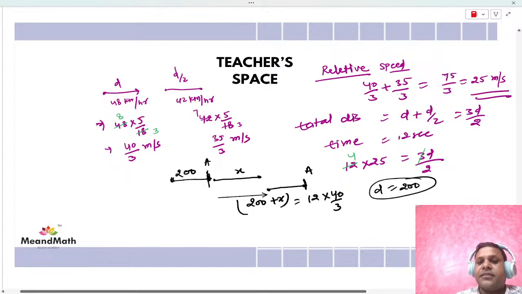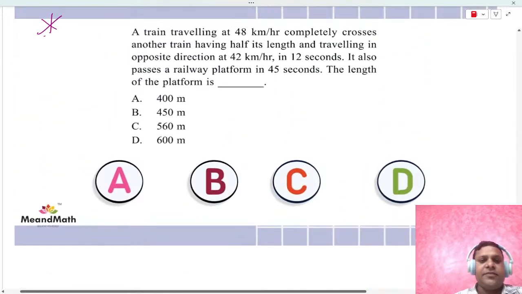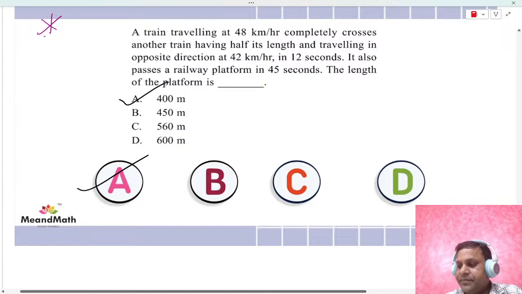So 200 plus x is equal to 600, so x is equal to 400 meter. The distance is 400 meter. So B option is the correct answer.